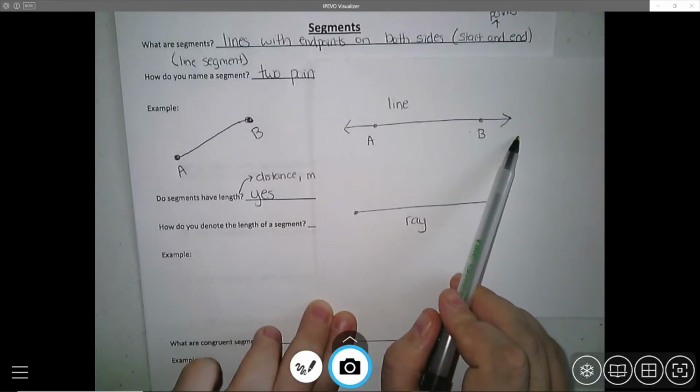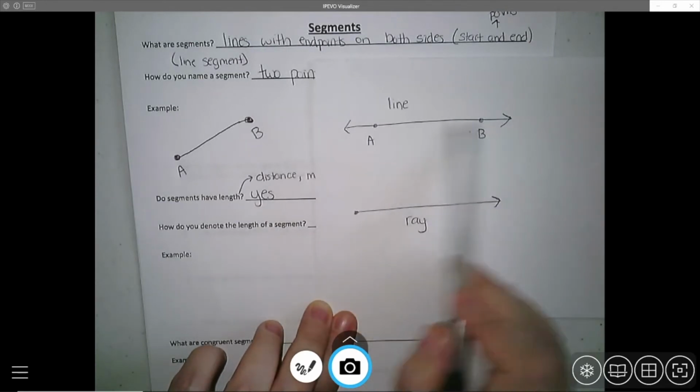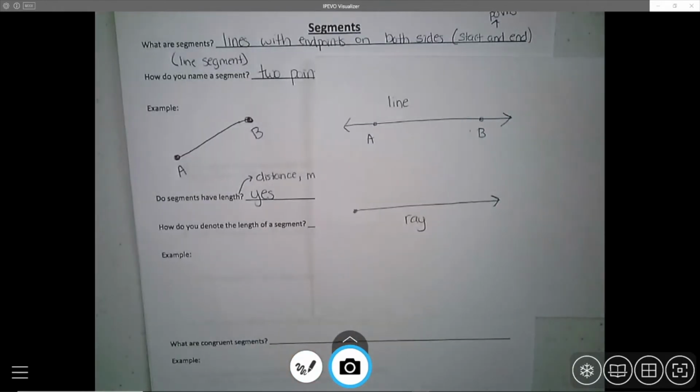Lines by themselves do not have lengths because I don't know where one stops or ends. The length of a line is infinite. It is as big as it continues to go. There is no number in our world that is big enough to say the length of a line. Same thing with a ray. It has a starting point, but a ray extends on forever.